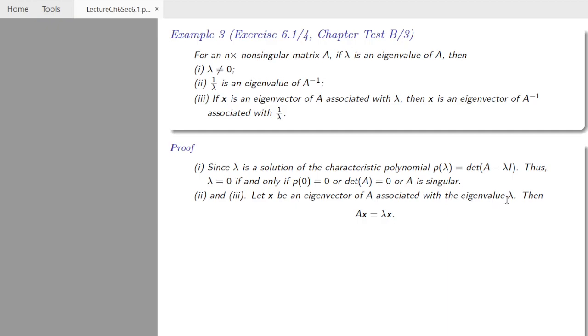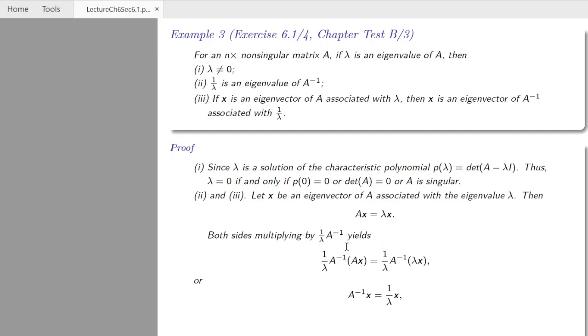Then by the definition, we have this equation: Ax equals lambda x, x is non-zero. Then on both sides, we multiply by 1 over lambda times the inverse of A. Because lambda is non-zero, 1 over lambda makes sense. A is non-singular, so we can find the inverse.